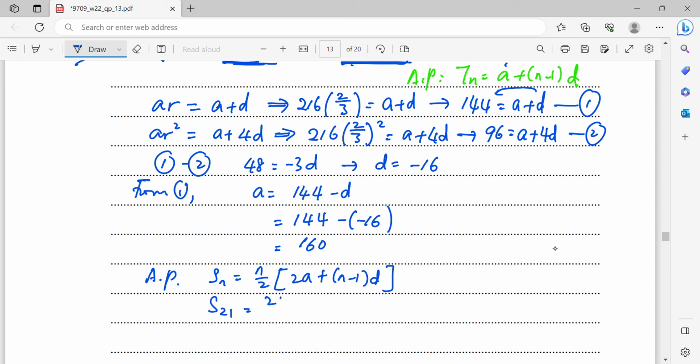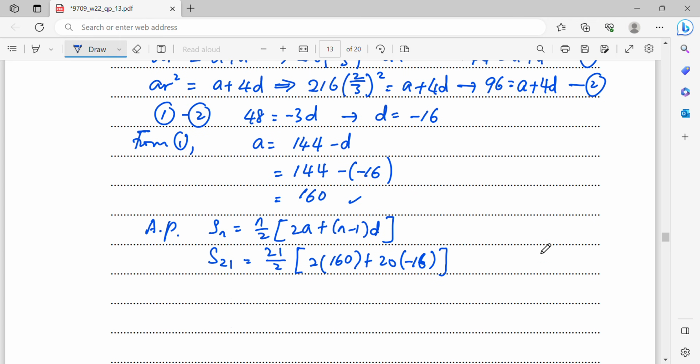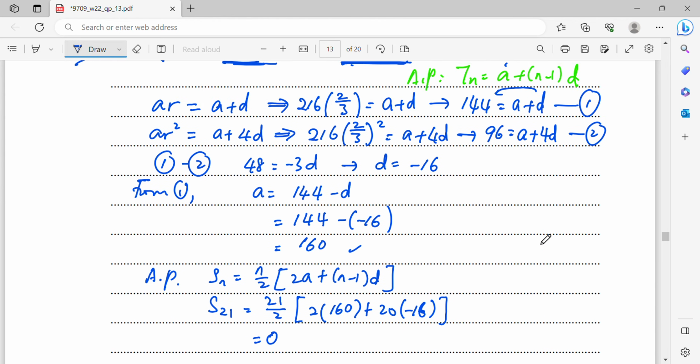S21 is 21 over 2, 2a, my a is 160, plus n minus 1. Your n is 21, so n minus 1 becomes 20. The d is minus 16. Alright, so when you calculate all these values, it will be 0. So that is the sum of the first 21 terms for this arithmetic progression.